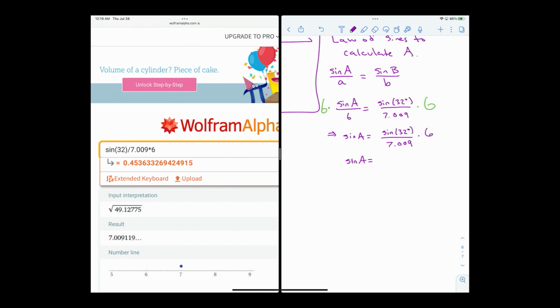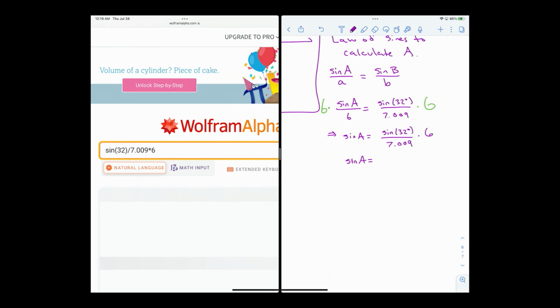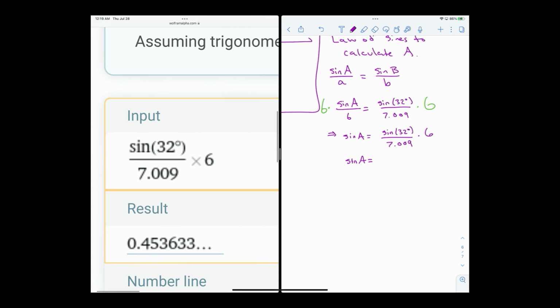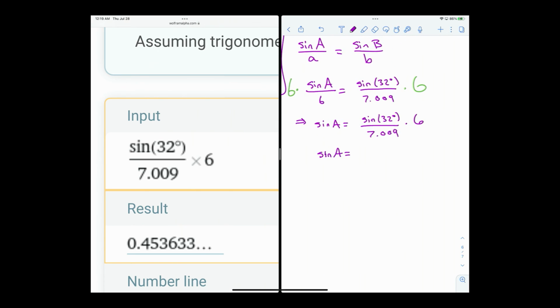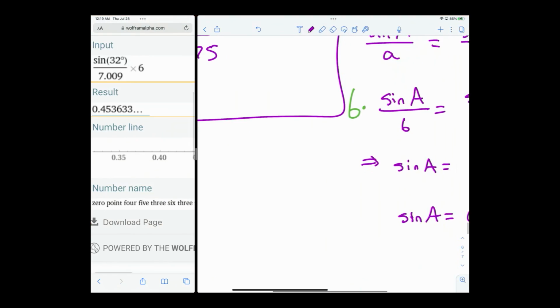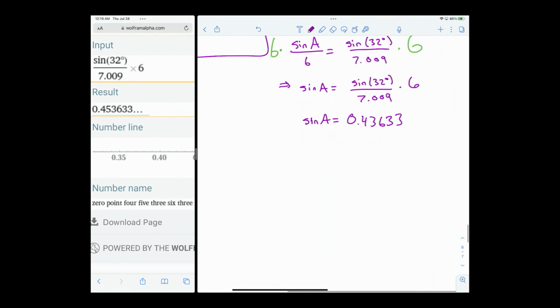You type that all in. Notice that I didn't type degrees, but it did understand degrees properly. I see the 32 degrees, and it tells me that my result there is 0.43633.